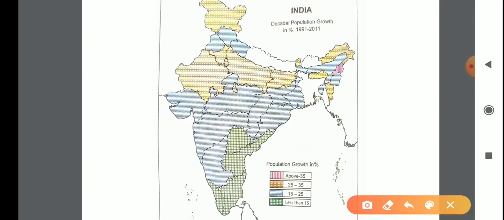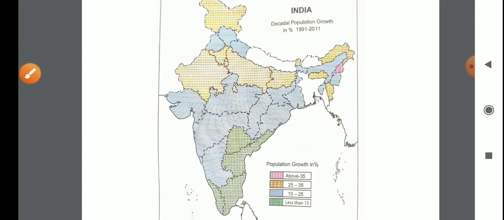Then next, 25 to 35, actually it is high: Rajasthan, UP, Haryana, Delhi, Bihar and others. These come under the high population growth rate. And very high is above 35. There is only one state which has recorded very high growth rate, that is Manipur. Manipur recorded very high growth rate over 20 years.